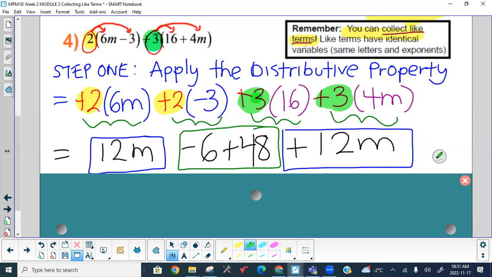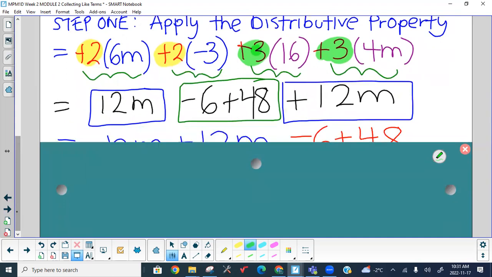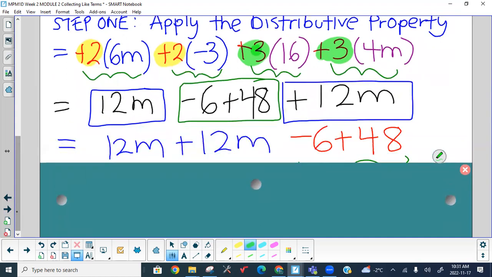So that might mean rearranging the question a little bit. So I'm rearranging +12m, +12m, -6 plus 48. I've written the like terms next to each other. By the time you get to grade 12, you won't really have to do that because you're going to have so many steps anyway.